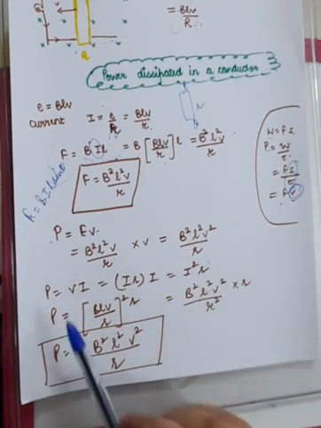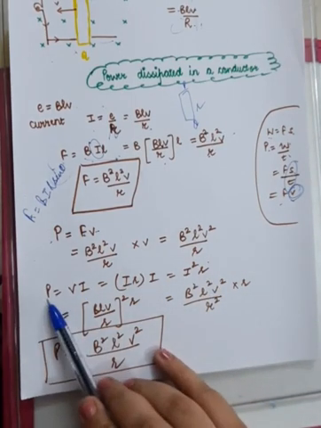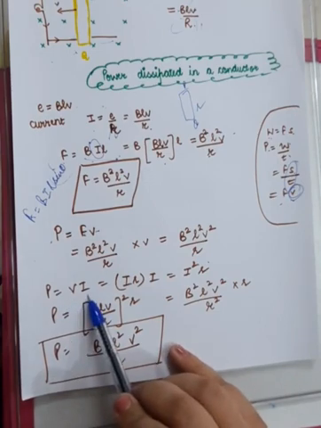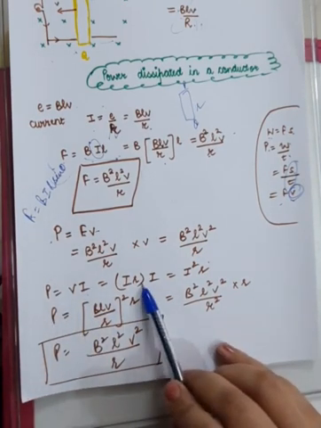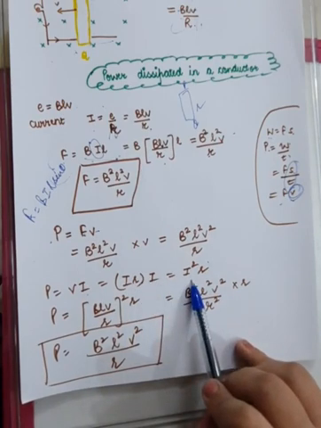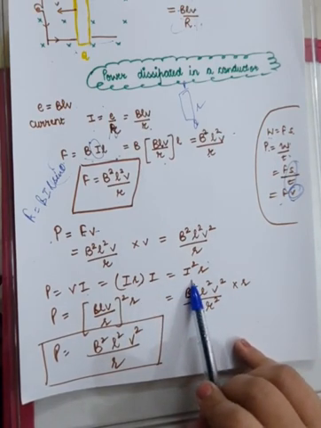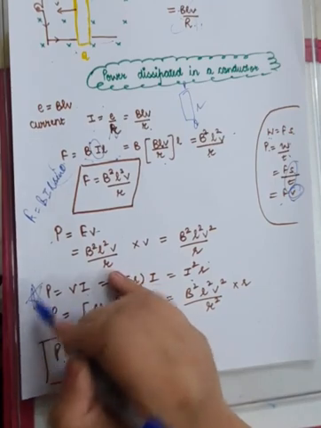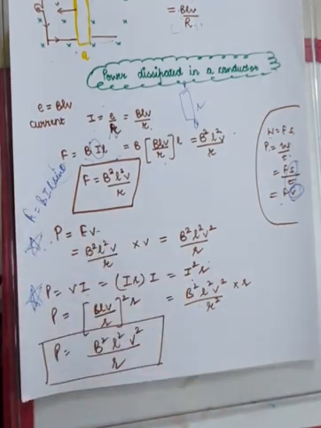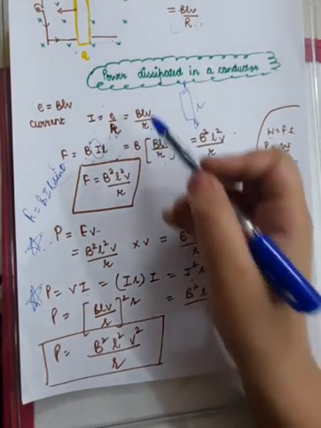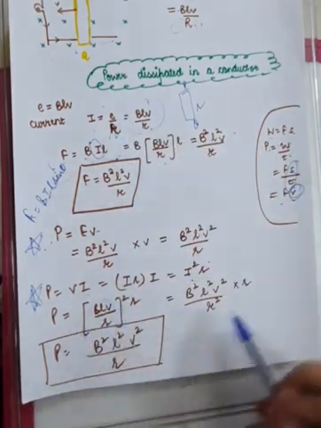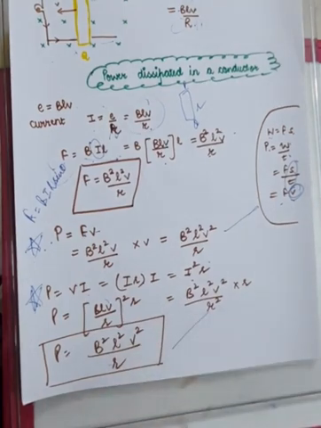Okay, next thing, P is also equal to VI, voltage into current. Voltage is I into R due to Ohm's law, so it's I square R, right? So there is another way also. दो ways बता रही हूँ कैसे calculate करना है आपने. So I is simply BLV upon R. Put it here, and you are going to get the same value of power.